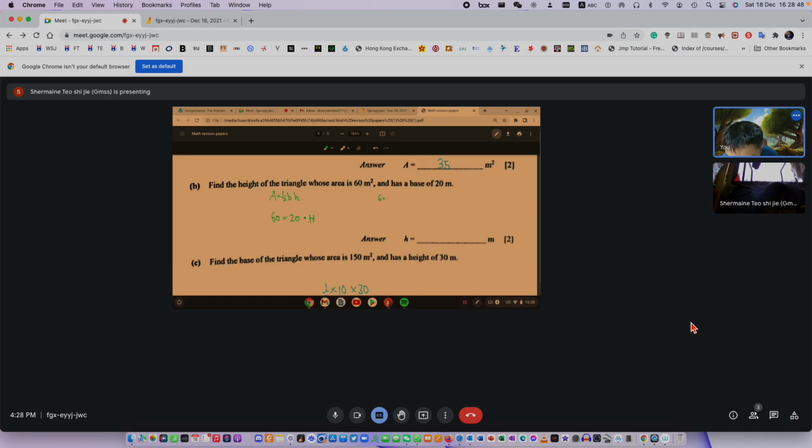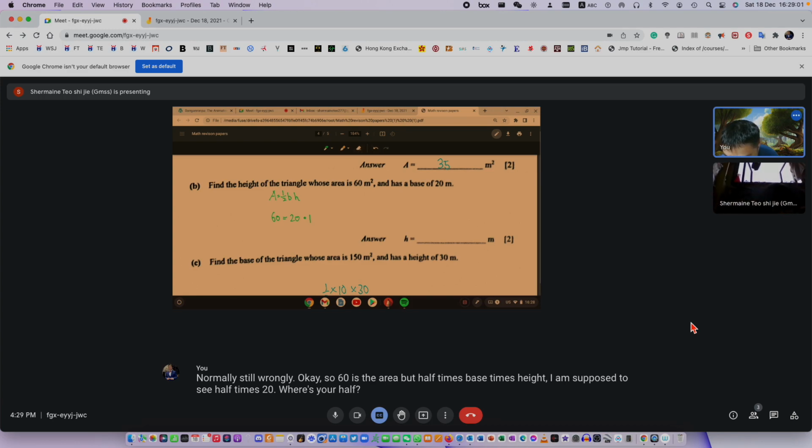No, still wrong. Okay, so 60 is the area, but it's half times base times height. I am supposed to see half times 20. Where's your half? Now it's correct.